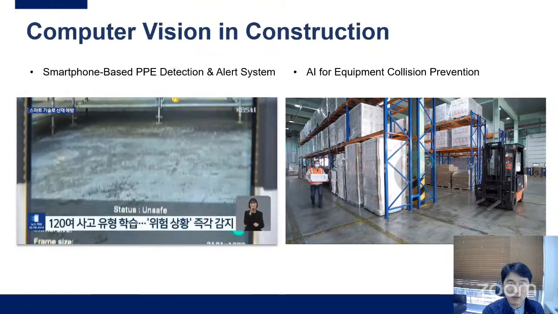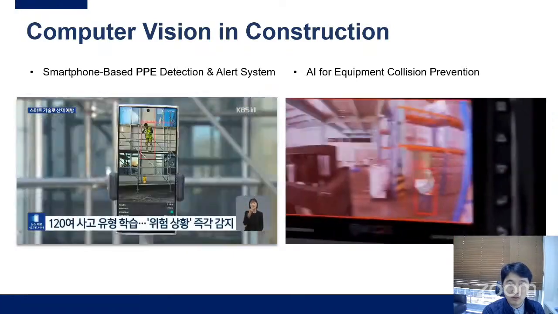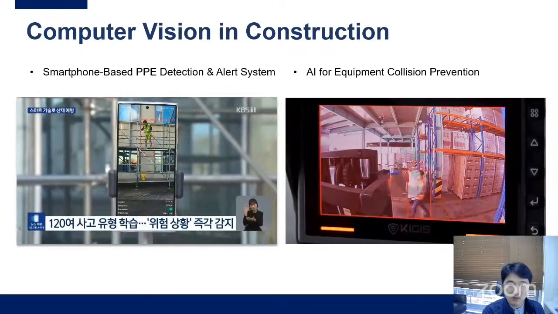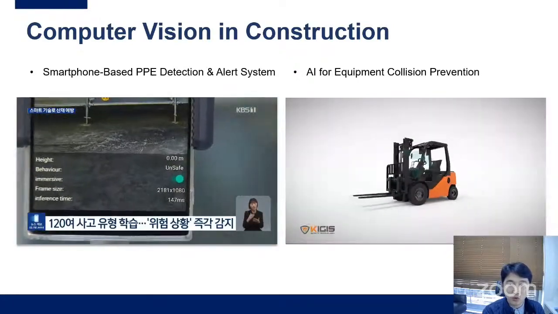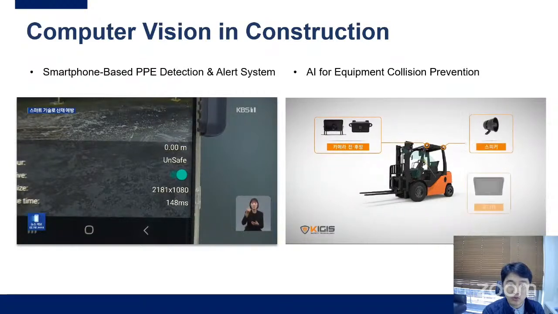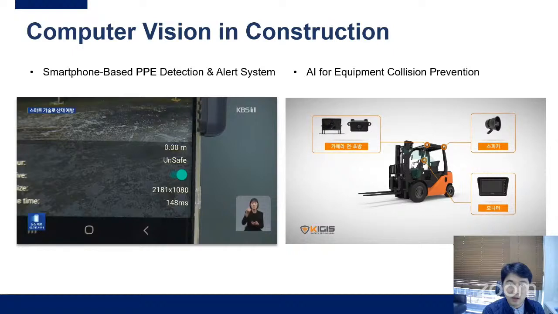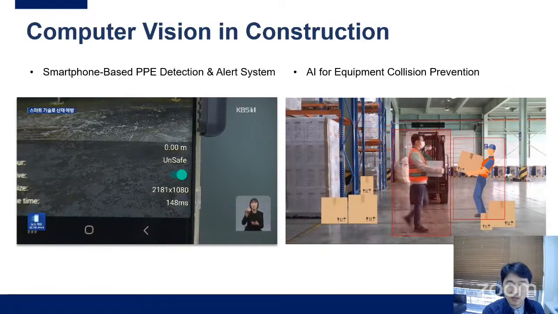The right one shows equipment collision prevention technology that uses an AI camera to detect approaching workers. This technology has brought great success in reducing struck-by accidents in construction and other industries.